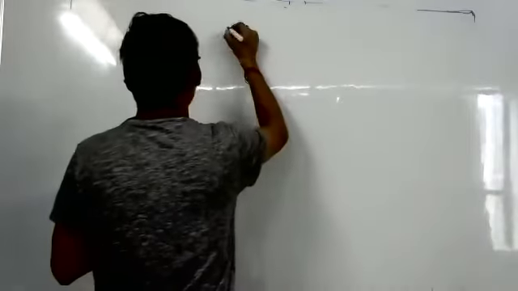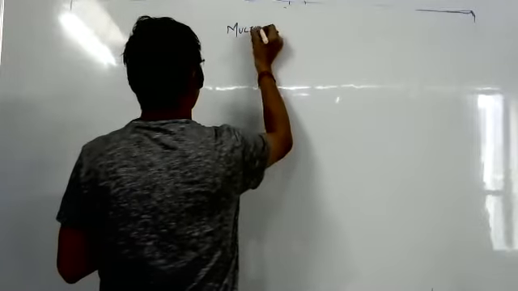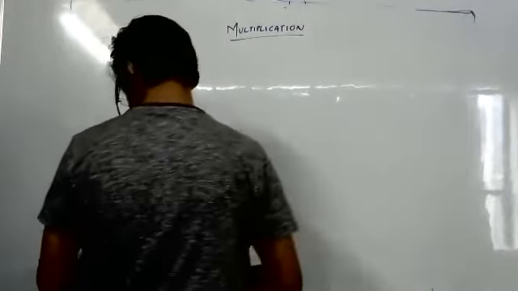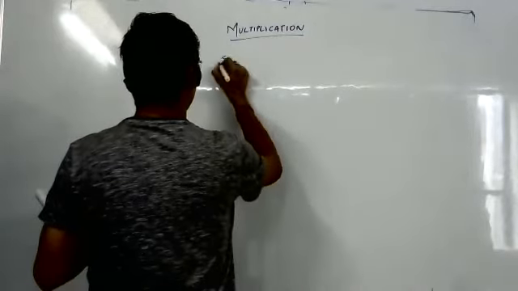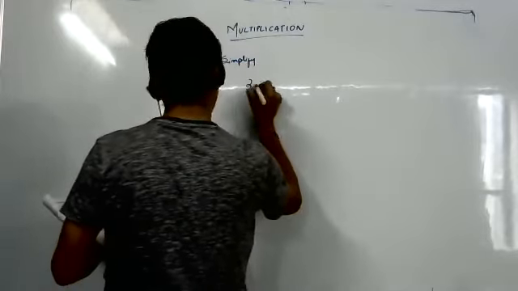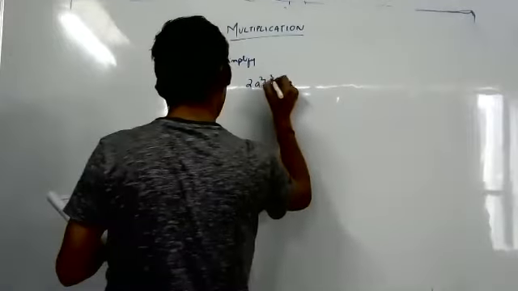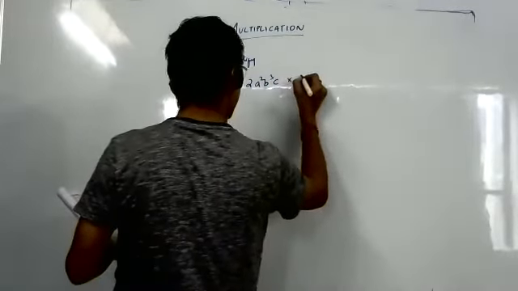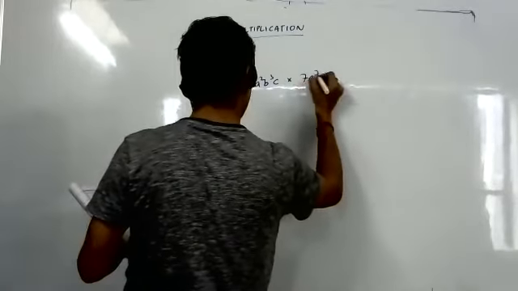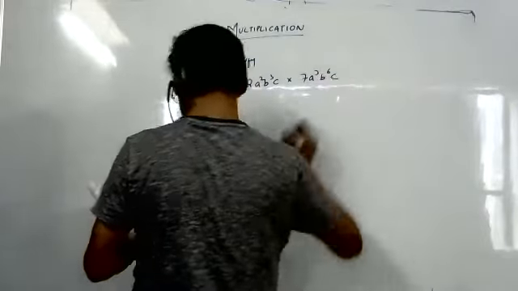Then I will teach you multiplication. Very simple multiplication I'll take. Simplify 2a square b cube c multiply by, let's suppose, 7a cube b6 c.